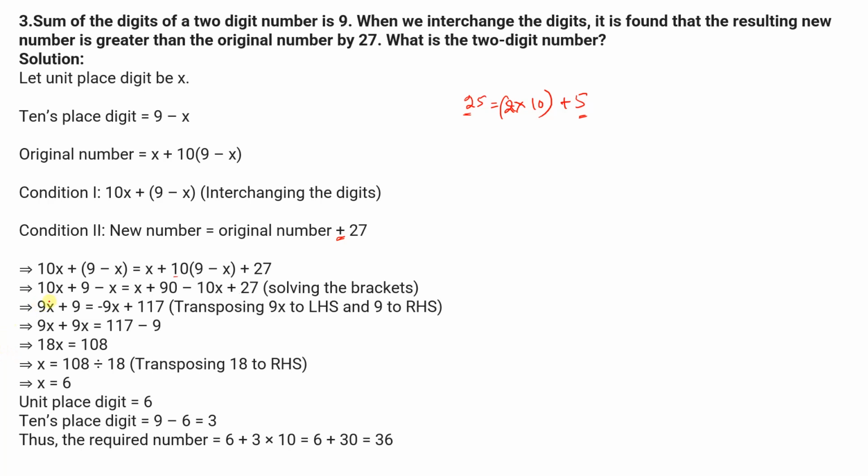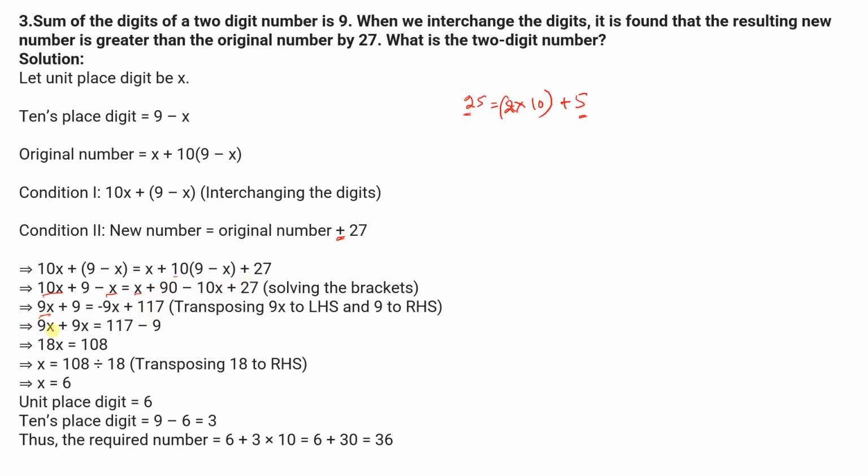Now 10x minus x is 9x, and plus 9, so 9x plus 9 on the LHS, that's equal to, we have x here, x minus 10x is minus 9x, plus 90 plus 27 is 117.